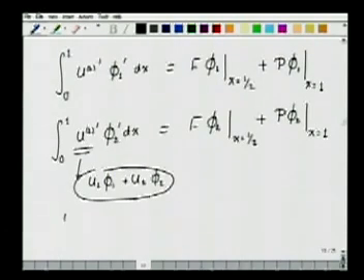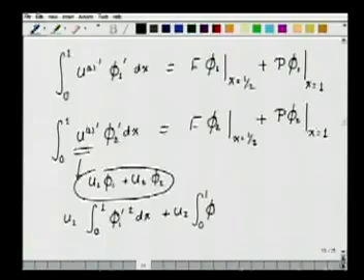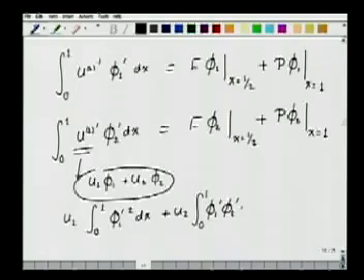I am going to get u1 integral 0 to 1 phi 1 prime squared dx plus u2 integral 0 to 1 phi 1 prime phi 2 prime dx, equal to f phi 1 evaluated at the point half plus p phi 1 evaluated at the point 1. This is the first equation.